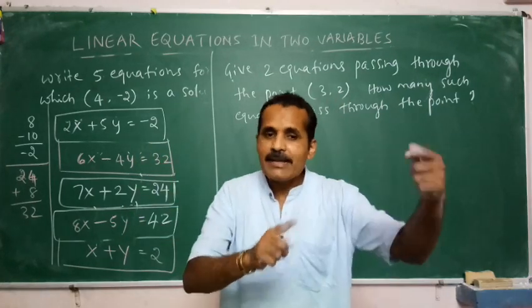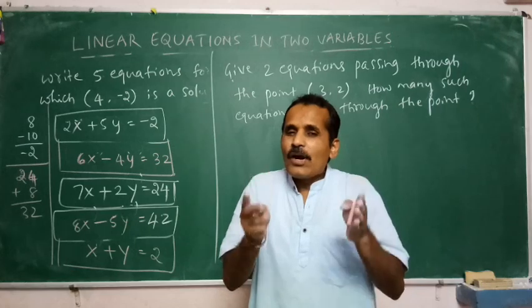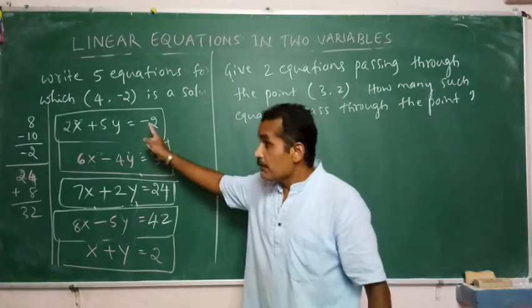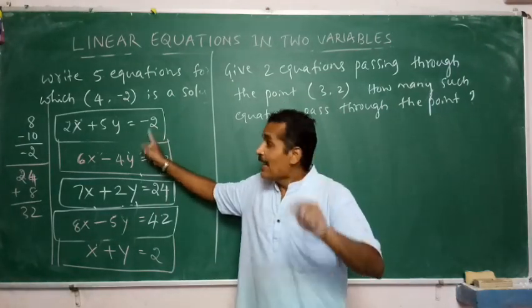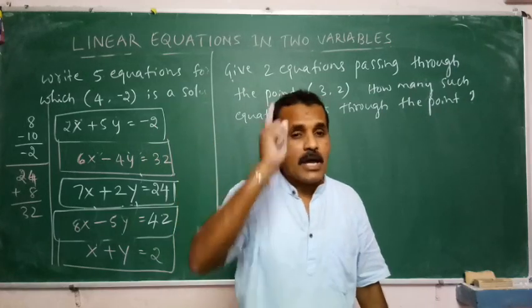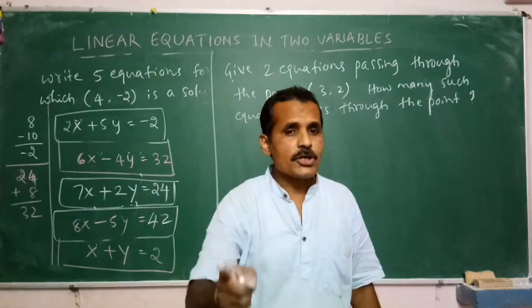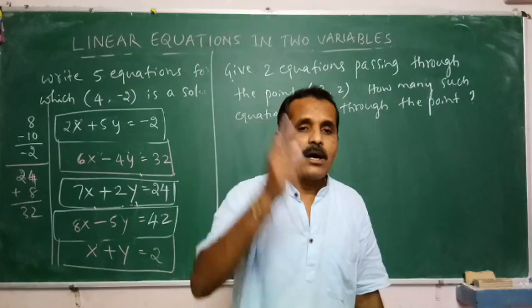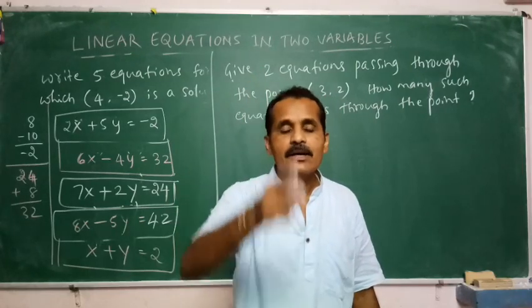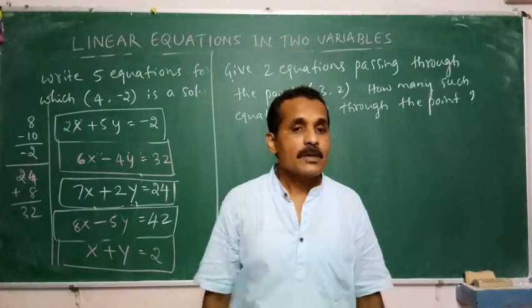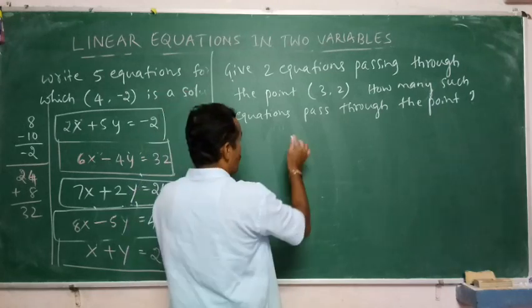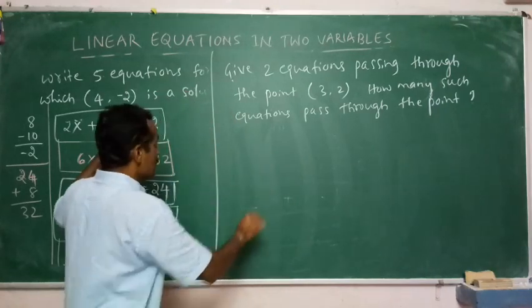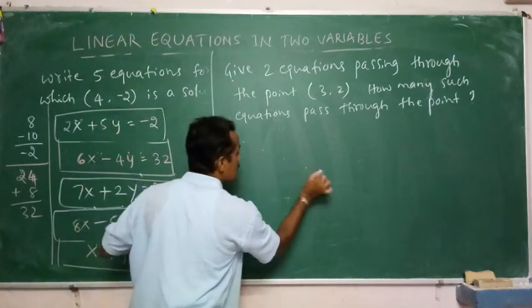That I will teach you in my next video, how to draw a graph. But I will give you the basic idea. Every linear equation in two variables has infinite number of solutions, and when you draw a graph, you always get a straight line graph.